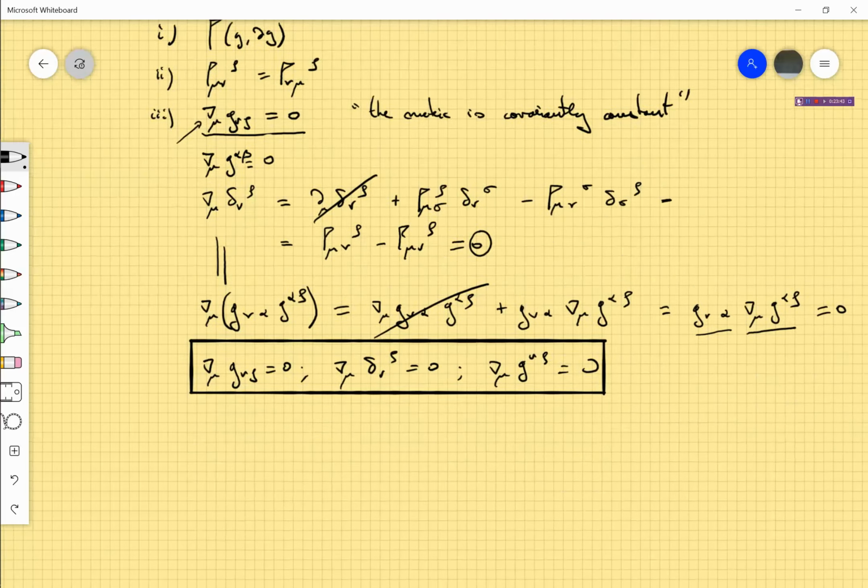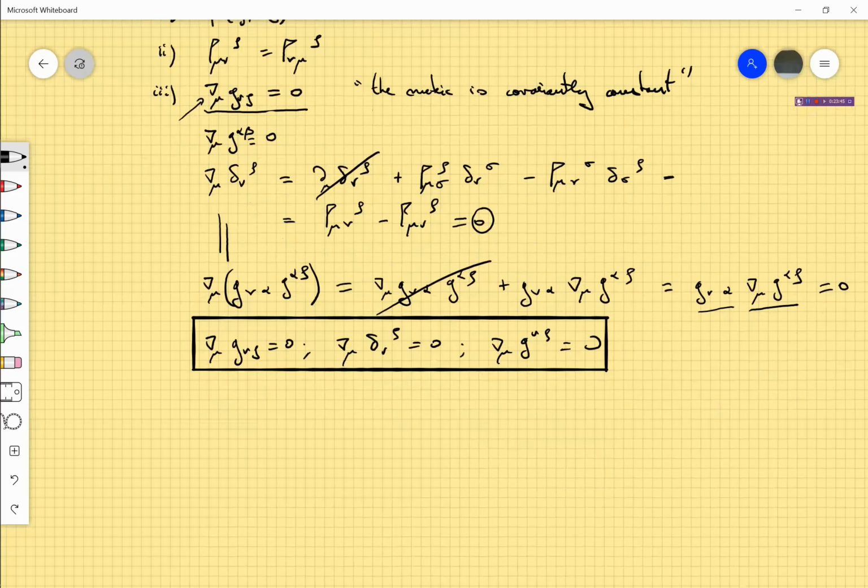In particular, you will use it in this way. Suppose that I have the covariant derivative of a contravariant tensor, a (1,1) tensor, and I want to lower this index. I would do it by multiplying by G alpha nu. But for a generic connection, I need to put this metric inside of the covariant derivative, and it is not clear what the result would be.